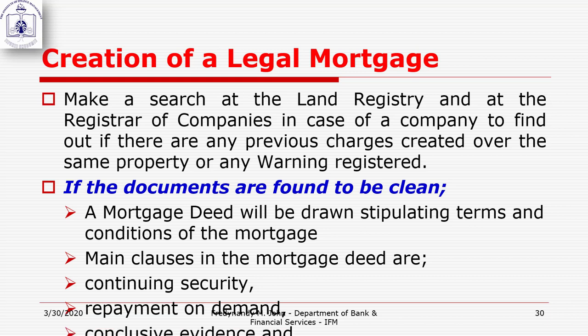Conclusive evidence means that just in case the borrower has defaulted and the banker wants to realize its funds from the selling of the mortgaged property, and for some reason the borrower has taken litigation, that is, the matter has been taken to court, then conclusive evidence requires the banker to ensure that the mortgage is created in such a way that the court will require no more evidence.